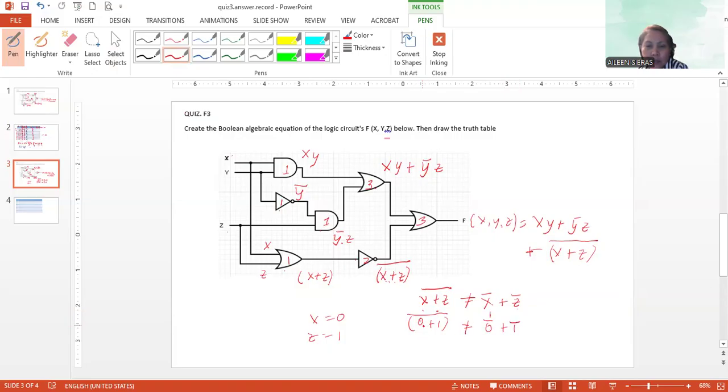So this one, 0 plus 1 is equal to 1, not 1, so that's why it's equal to 0. In this case here, not 0 is equal to 1, plus not 1 is equal to 0. So that's why it's not equal, no? So 0 is not equal to 1 plus 0 is equal to 1. So take note for this one.